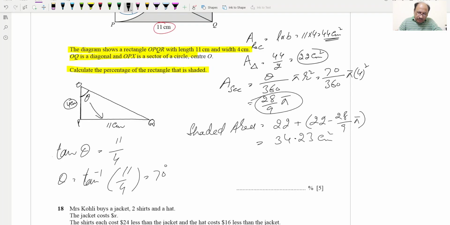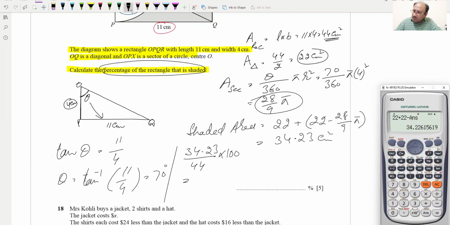But now we have to find the percentage of the rectangle that is shaded. Now the total area we know is 44, and 34.23 is shaded, so divided by 44 multiplied by 100 will give us the percentage of the shaded area.